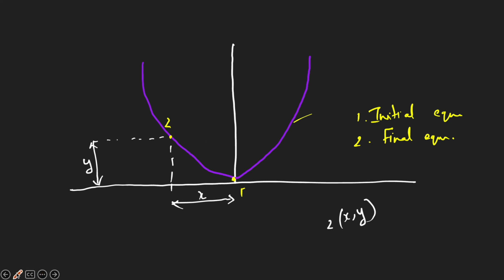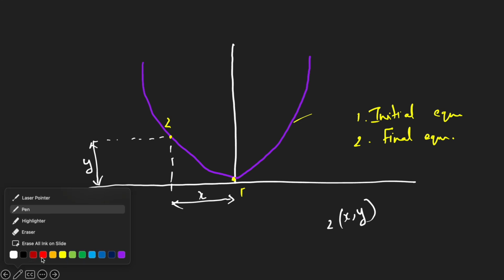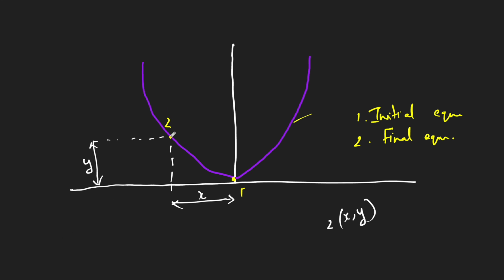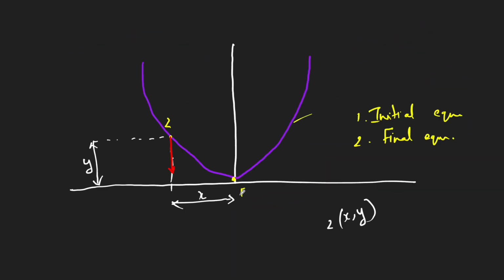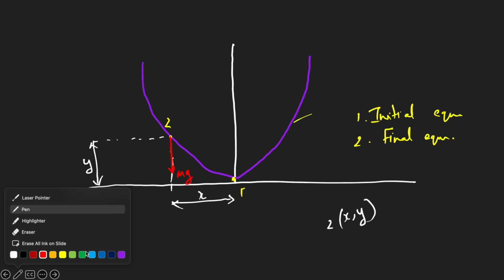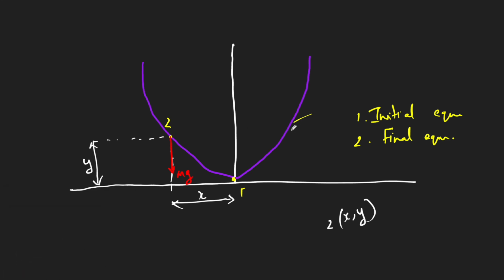So let's try to see what are the forces acting on the bead right now. Let's go one by one. Definitely there has to be a vertically downward force, mg acting vertically downward. That is one force, you cannot avoid that. And your whole system is moving with an acceleration a.